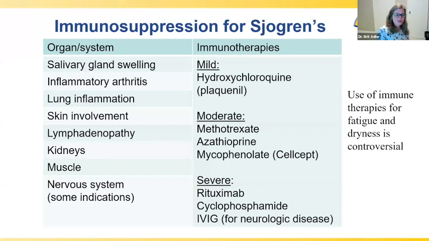This is a little bit controversial, but there is a lot of data showing that for some neurologic disease, IVIG can be helpful. All of these immunosuppressants have not been shown to be helpful for improving fatigue or dryness, and so we do not use these medications to help with those symptoms. We really do reserve it when there is clear organ involvement.